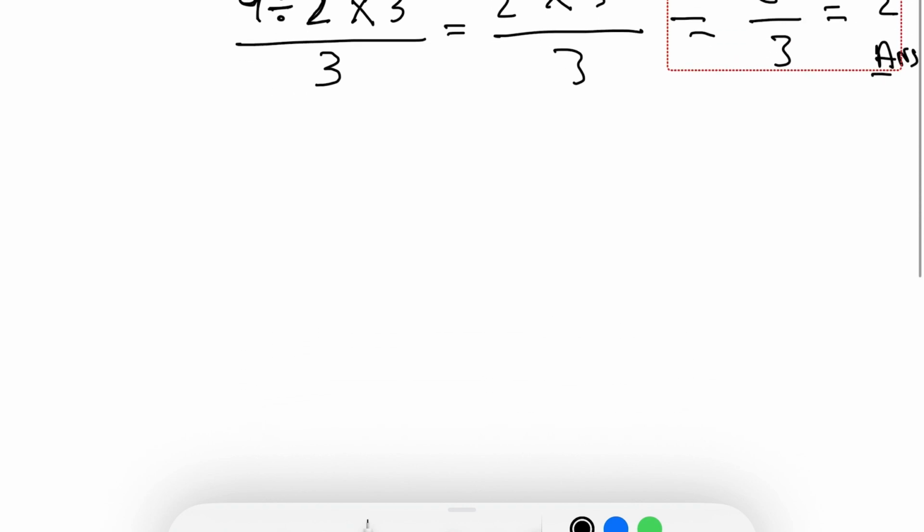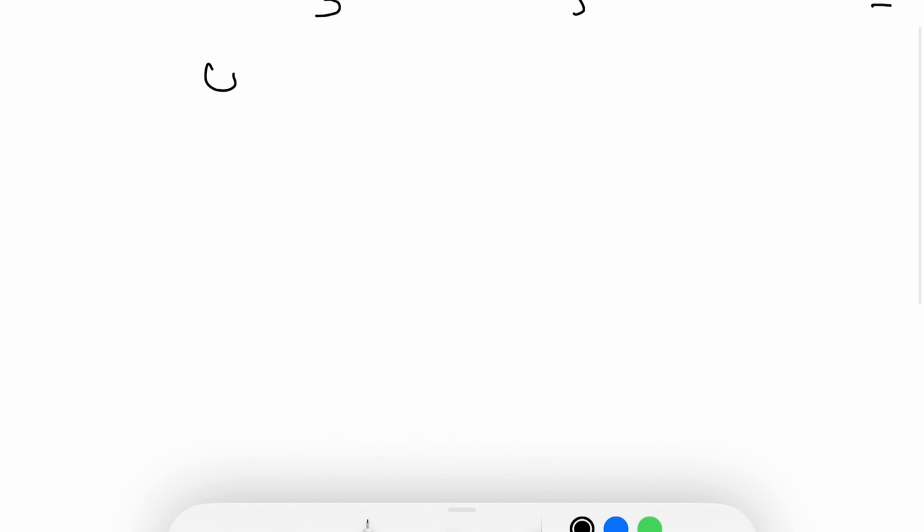And now we solve another example. 4 multiply 3 divide 6, and divide by 2.